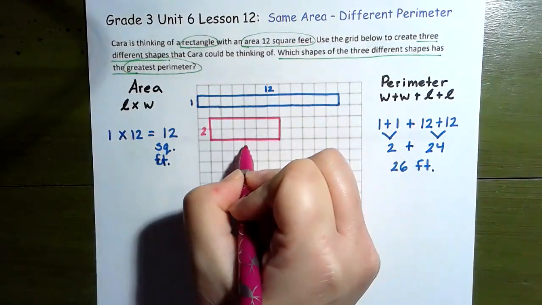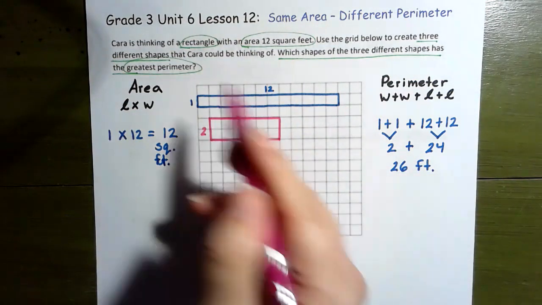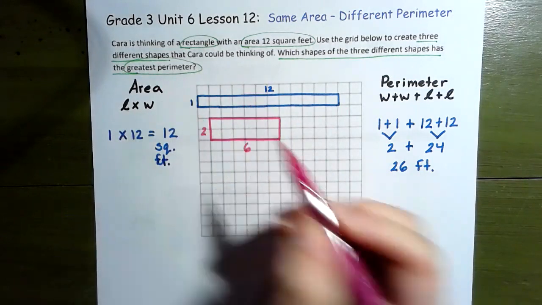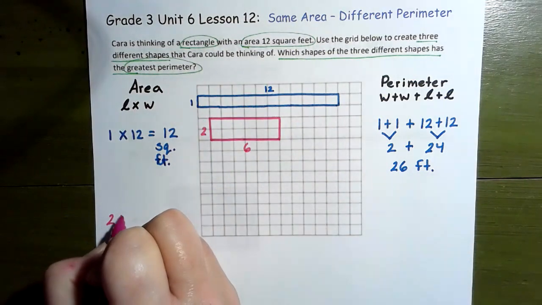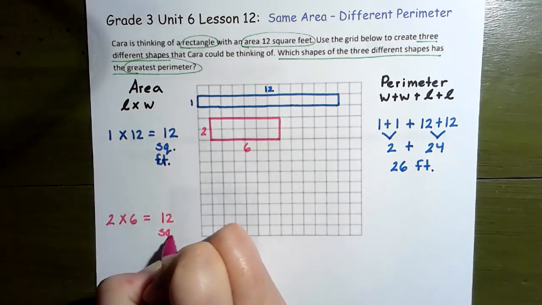Length of 2, width of 6, and again, we can calculate area by multiplying length times width. So 2 times 6 equals 12 square feet.